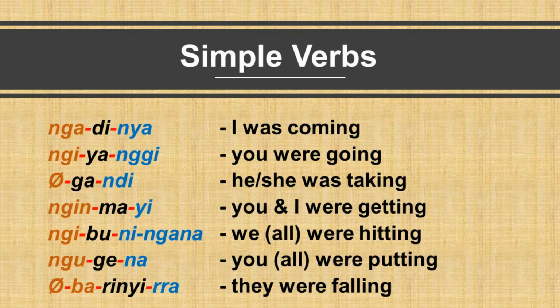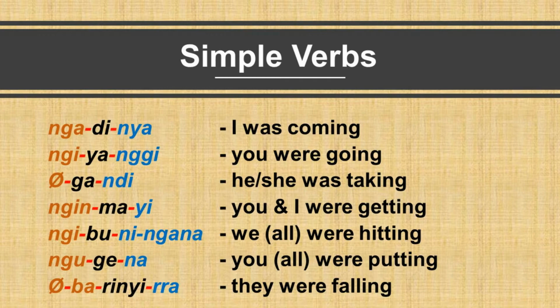You and I were getting has a special prefix. So you use the prefix nin to say you and I together, or the two of us. We all were hitting.